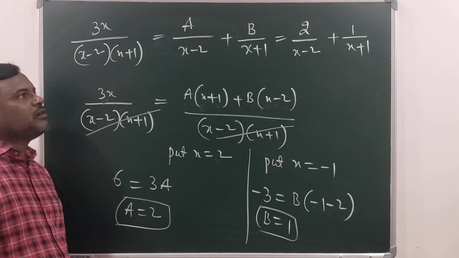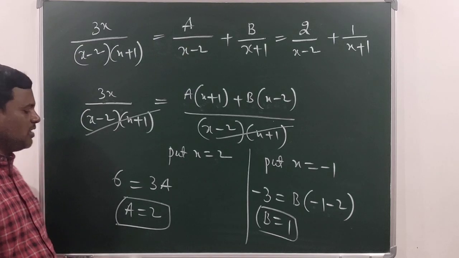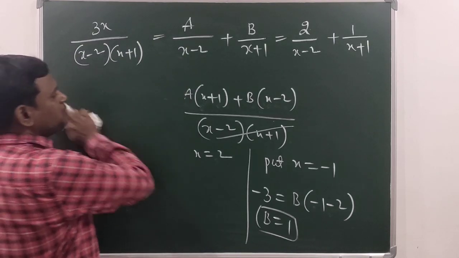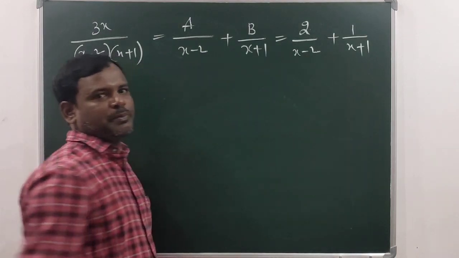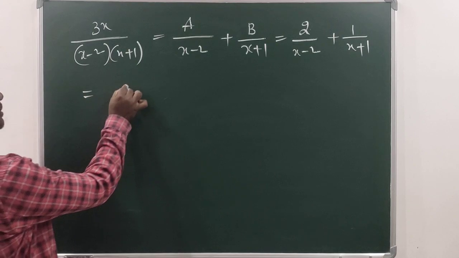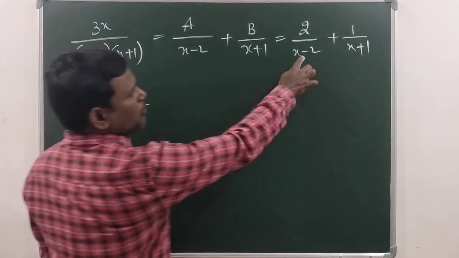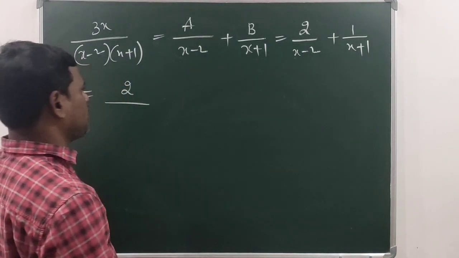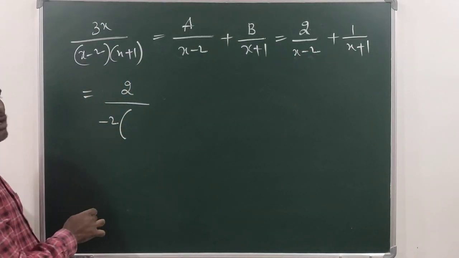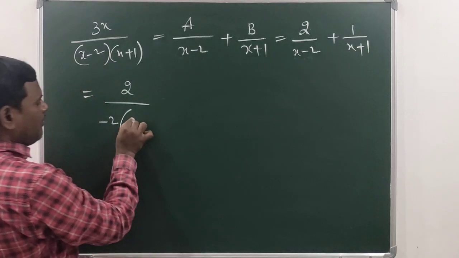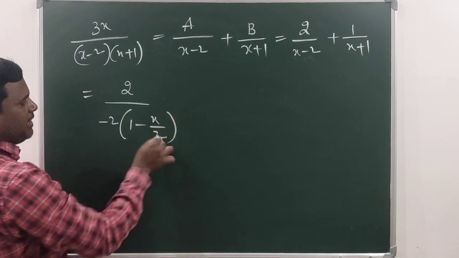Okay, now we got the partial fractions. Now expand these two partial fractions. How do we expand? See students, 2 by x minus 2, I would like to take minus 2 common from the denominator. When you take minus 2 common, inside you will get 1 minus x by 2.